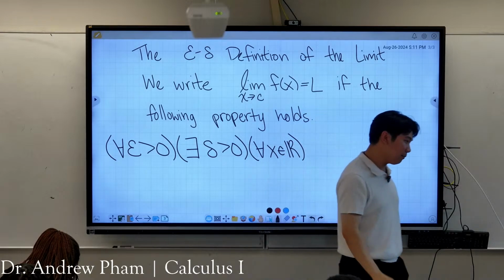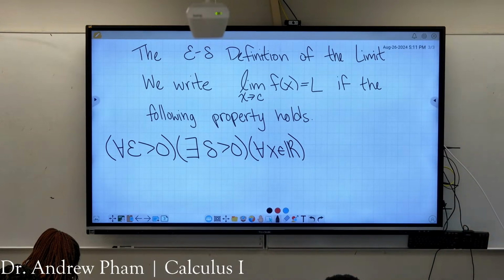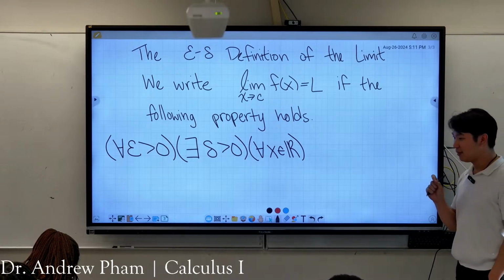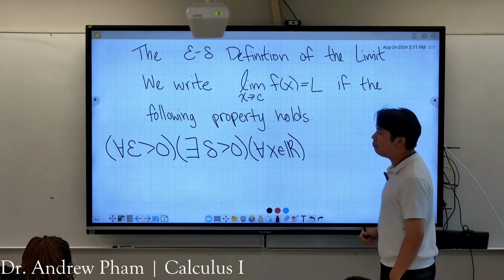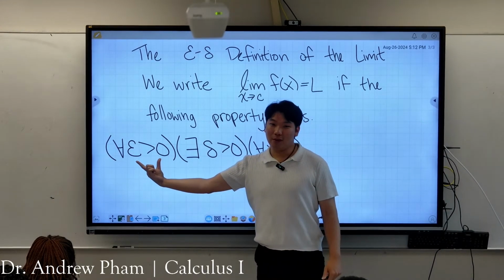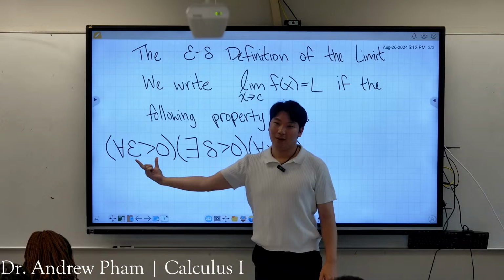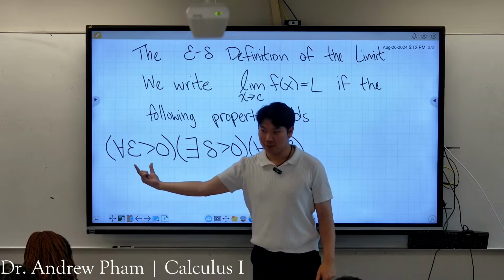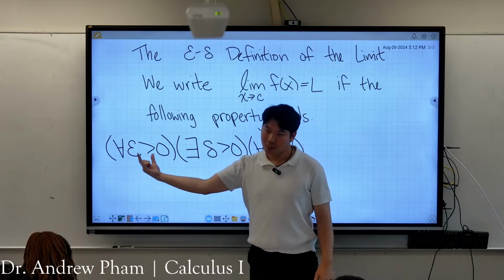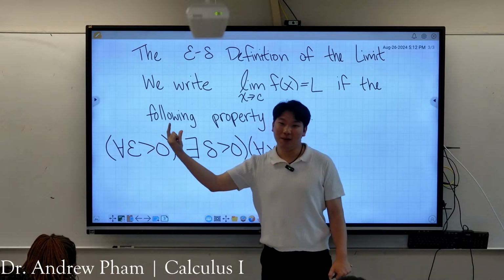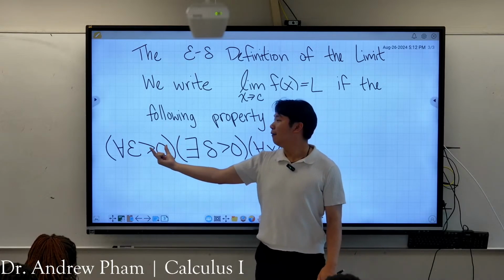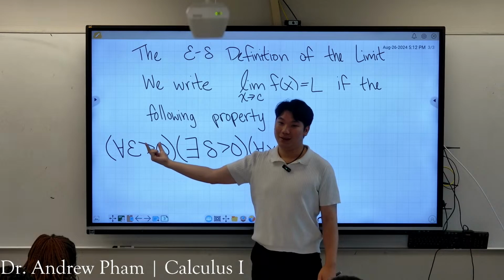Someone read to me this based on that notation we just introduced. All right, let's start one by one. Read the first set of parentheses. So first off, for all epsilon greater than 0.